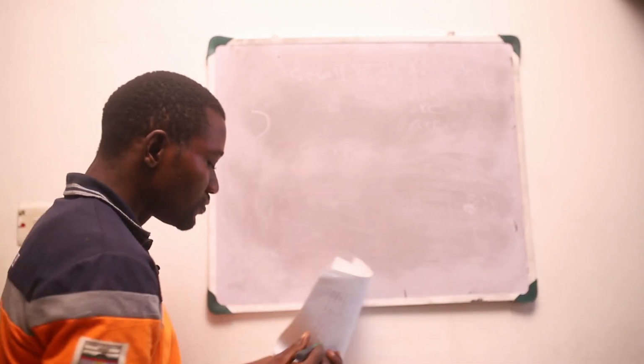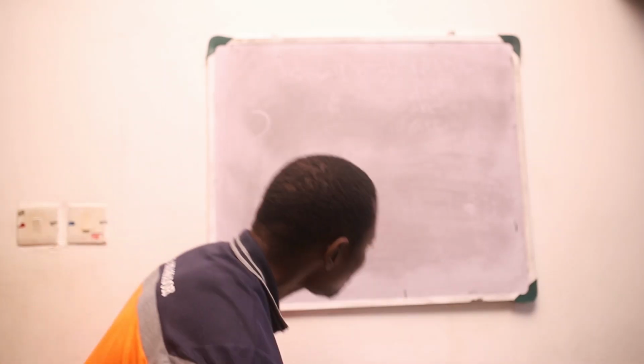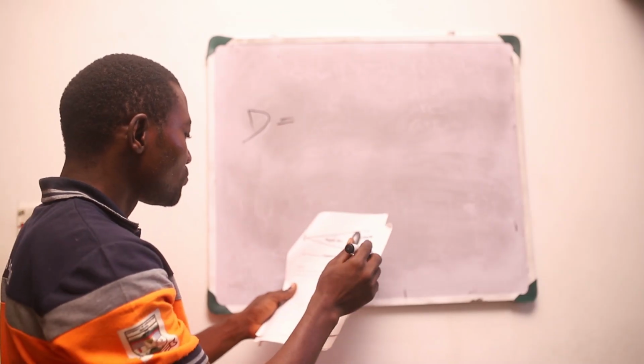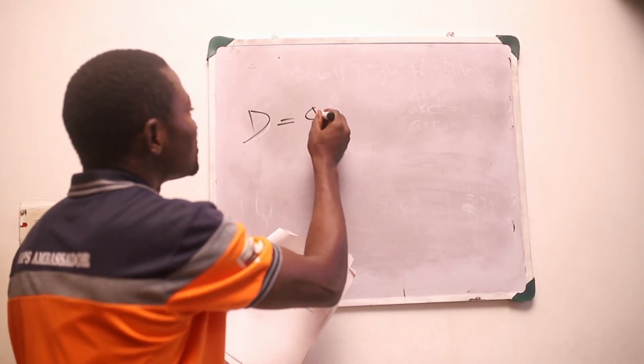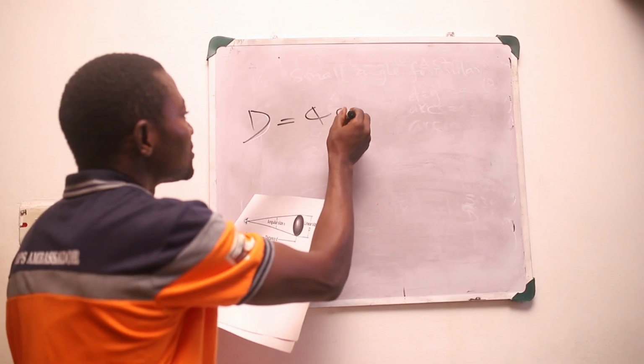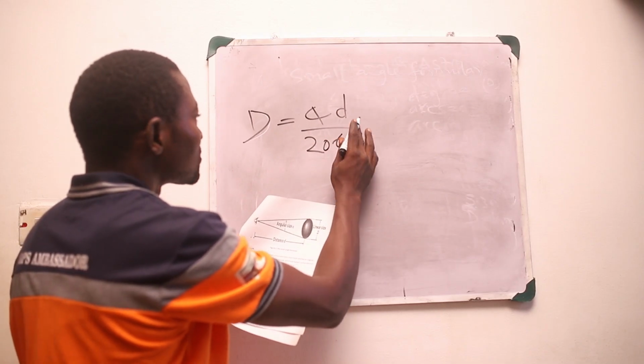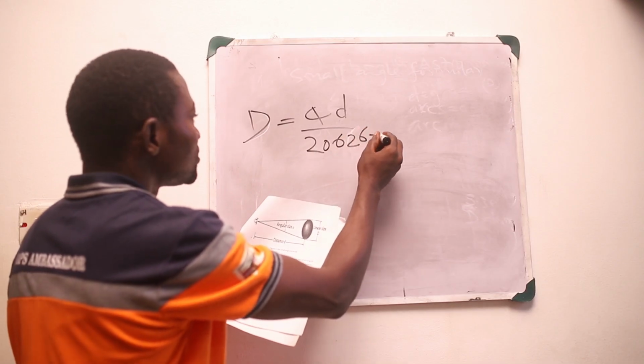So the question is straightforward. We are to find the diameter d, and we know our formula that it is equal to the angular size times the distance over 206,265.